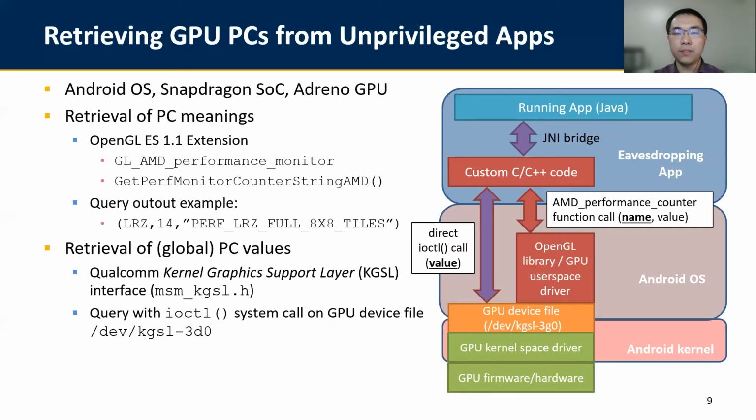To retrieve the global GPU PC values, we utilize Qualcomm's kernel graphics support layer interface, or KGSL interface, to directly query their values using IOCTL system call. Since this is a standard Linux OS call, its access is explicitly granted to any unprivileged apps. Doing so then circumvents any permission control enforced by either the OpenGL library or the Android OS and provides fast and convenient access to actual GPU performance counter values.